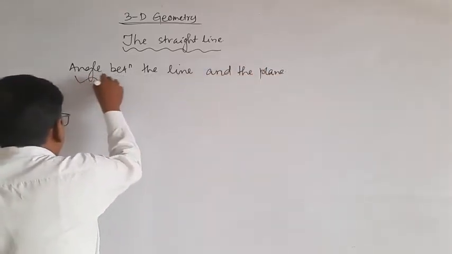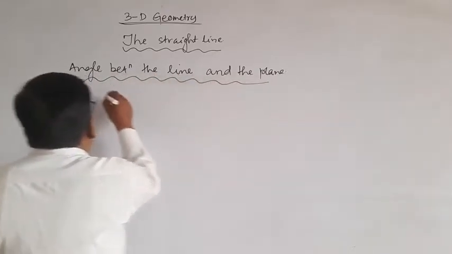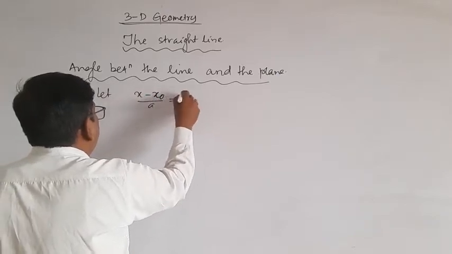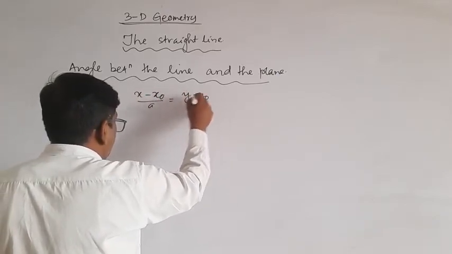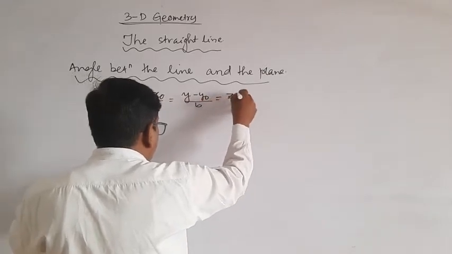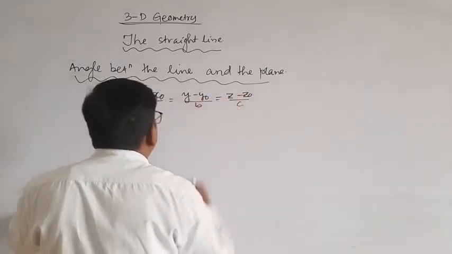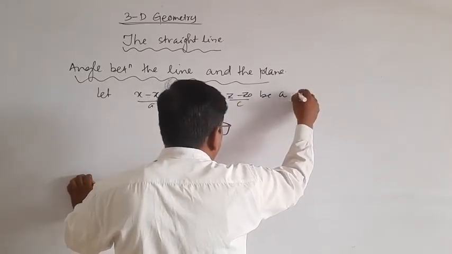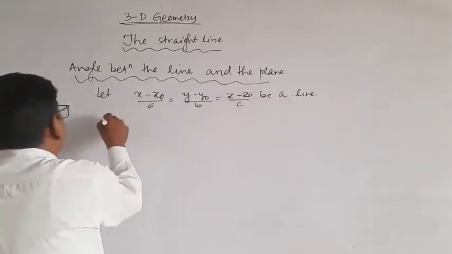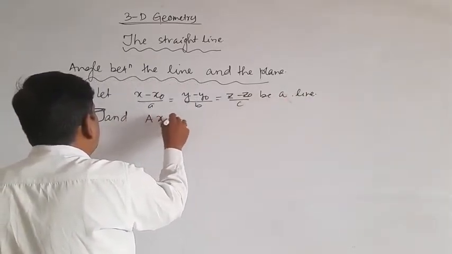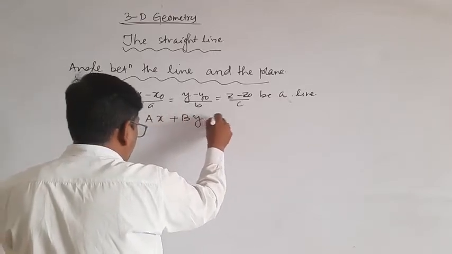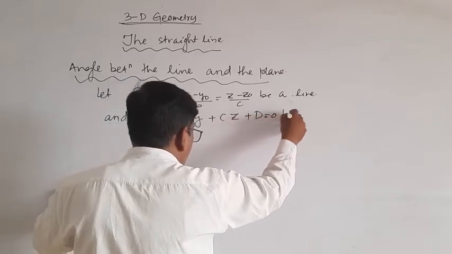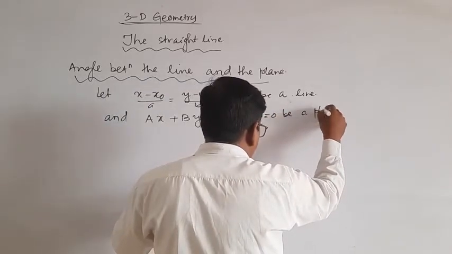Let (x minus x naught)/a = (y minus y naught)/b = (z minus z naught)/c be a line, and capital AX plus capital BY plus capital CZ plus D is equal to 0 be a plane.